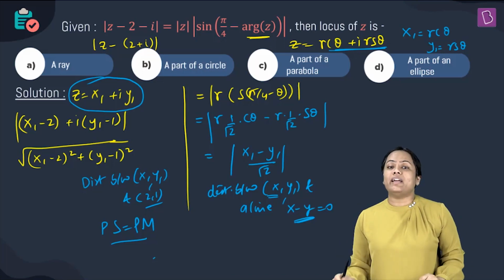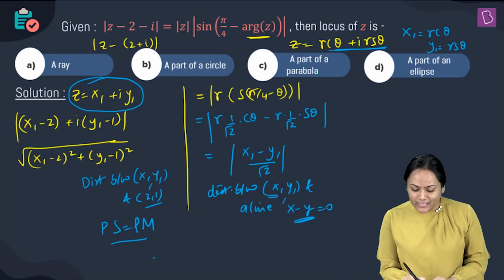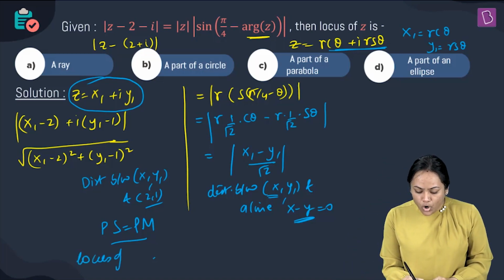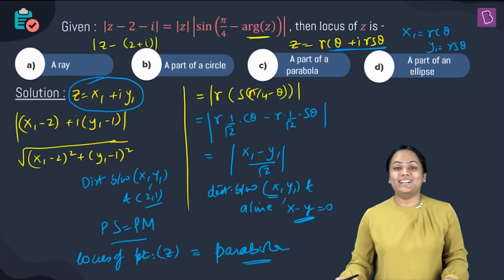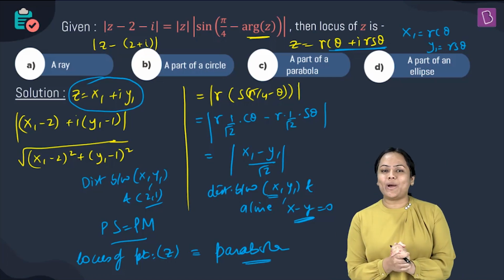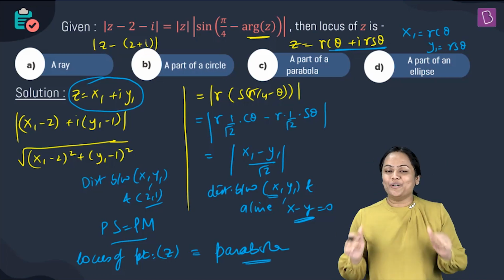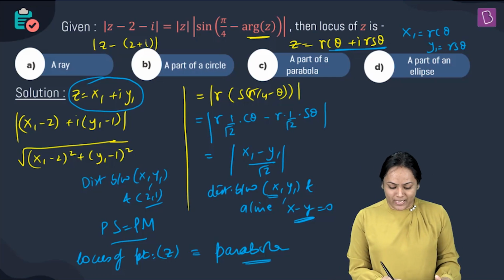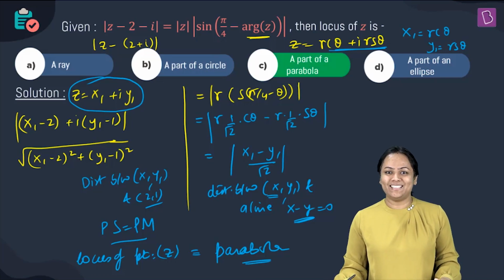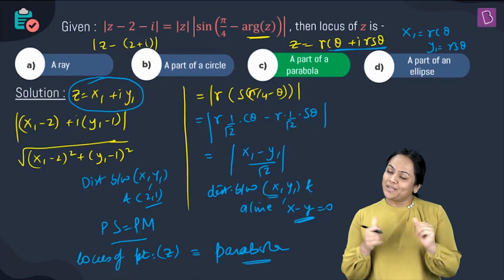So if I have arrived at this relation, I can say that the locus of my point z will be nothing but a part of a parabola, right? A really simple question, isn't it? Perfect. And if we see the options, we can say the answer will be C. Have you understood? Very well.